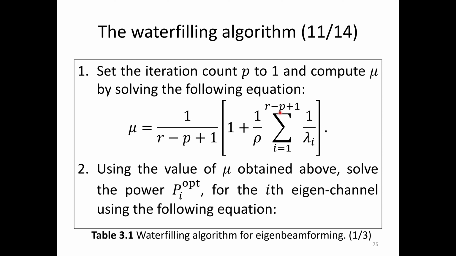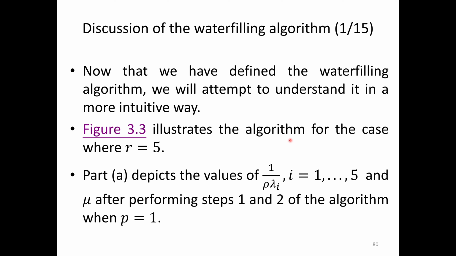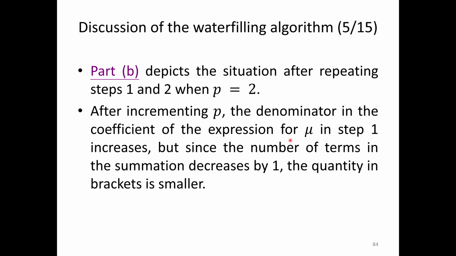And in part B, R minus P plus 1 is equal to 5 minus 2 plus 1, which is equal to 4. So the number of terms in the summation changed from 5 to 4 terms. Let us go back to the slide.